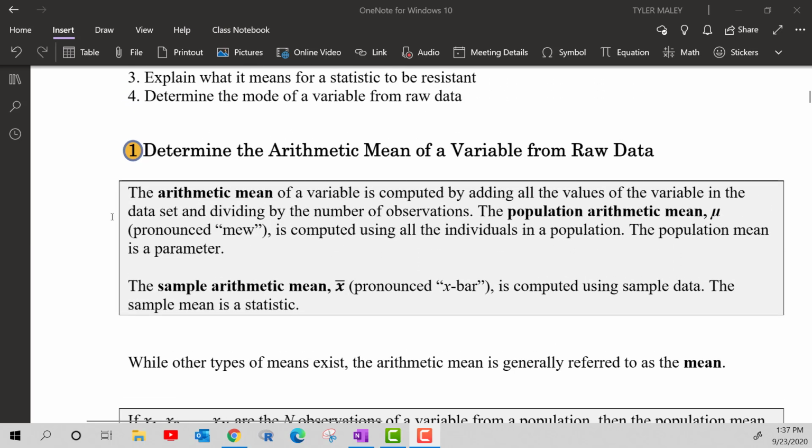So you can see here on the screen is a definition of an arithmetic mean and also the population arithmetic mean, pronounced mu, and the sample arithmetic mean, pronounced x bar. All right, so you can read over those.